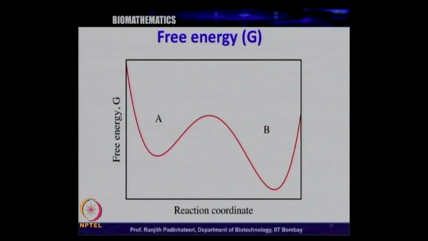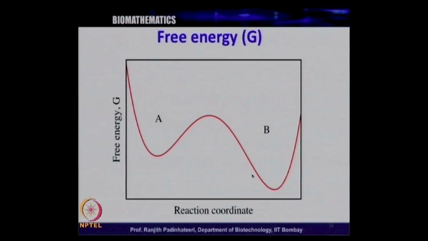Again, the next example is basically free energy. In thermodynamics, you might have heard of free energy, and you might have heard that proteins can have two states, state A and state B. Similarly, some other thing can have two states, a reaction where A goes to B. And you might have heard that B is preferred because B has lesser free energy.